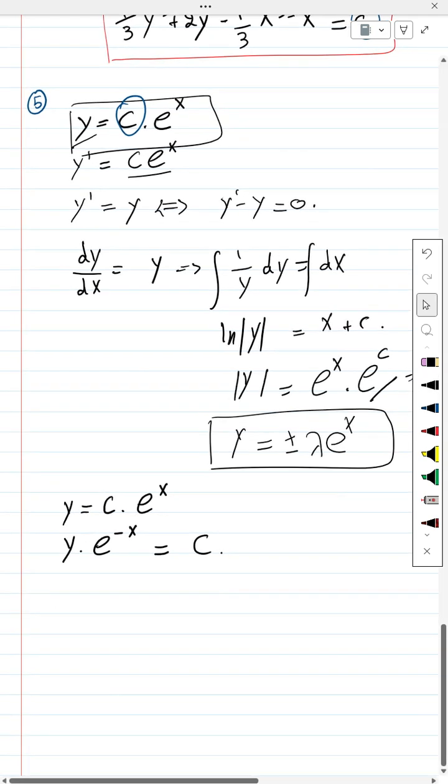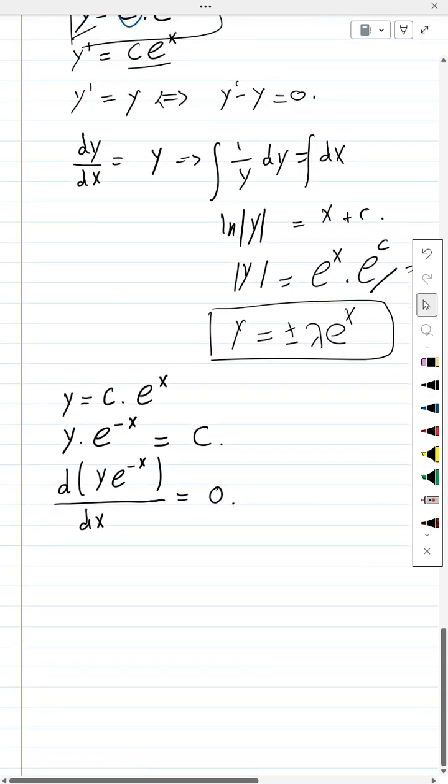And this time we need to get the derivative of both sides with respect to x. It's going to be 0, since the derivative of any constant with respect to a variable is 0.